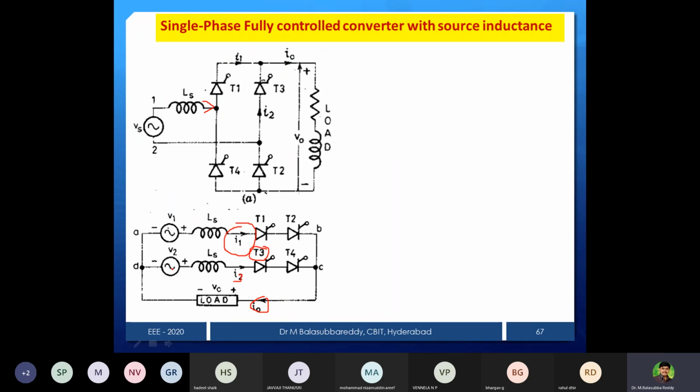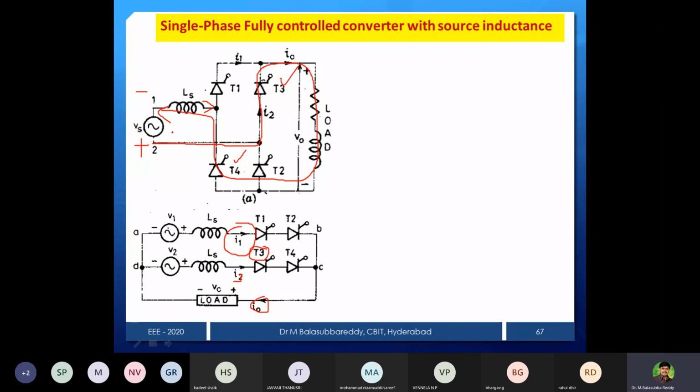Now during the negative half cycle, what will happen? T3, T4 will be forward biased. Negative half cycle means this is plus and this one is minus. Then it goes through this path: T3, then source, load R, L, and to T4 and out.